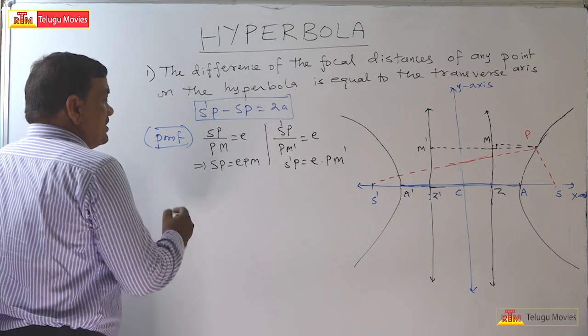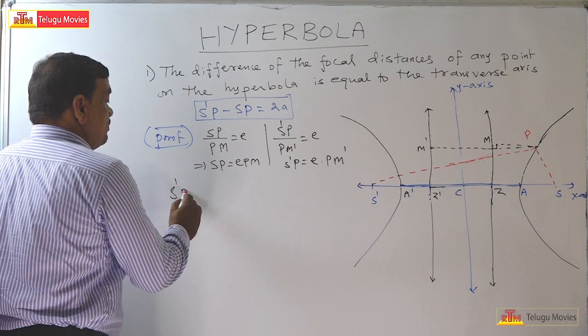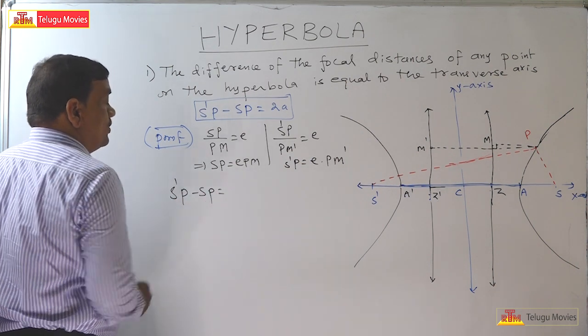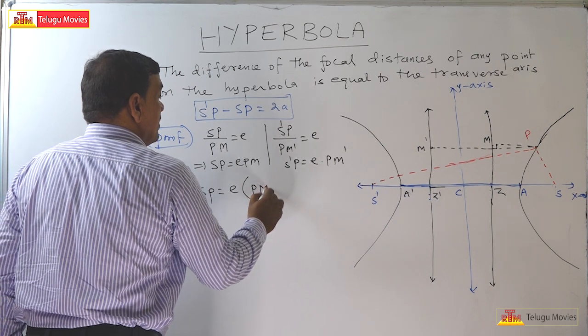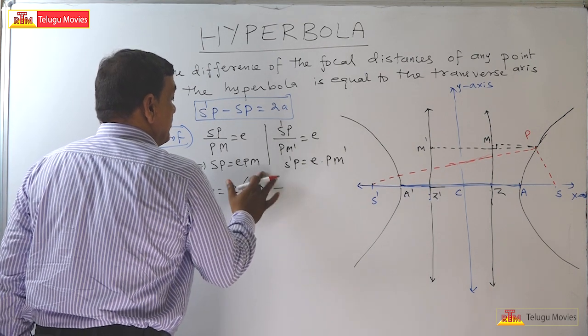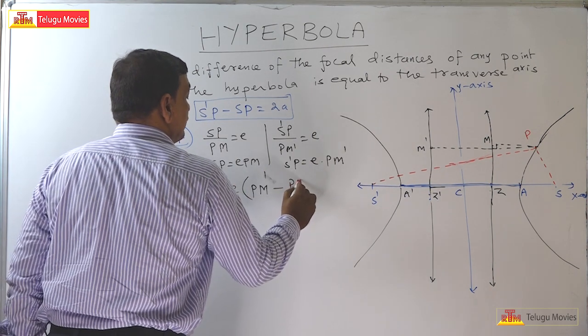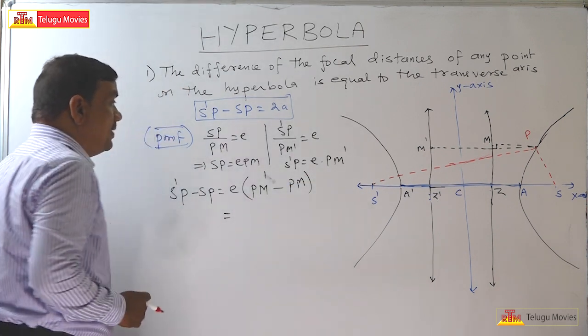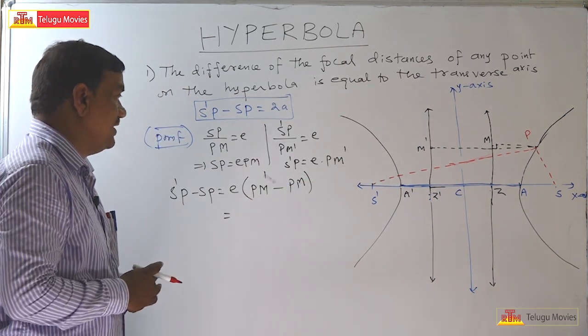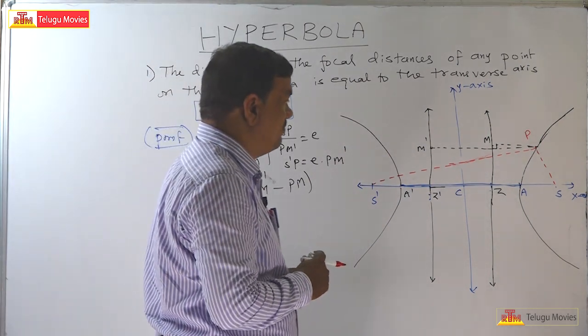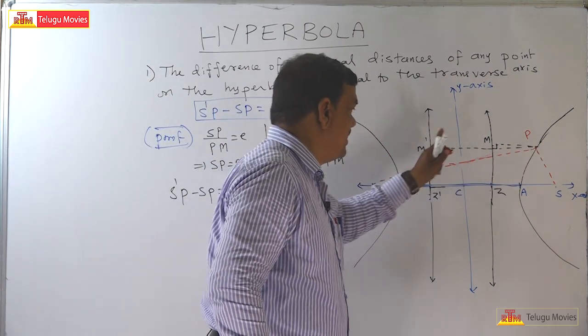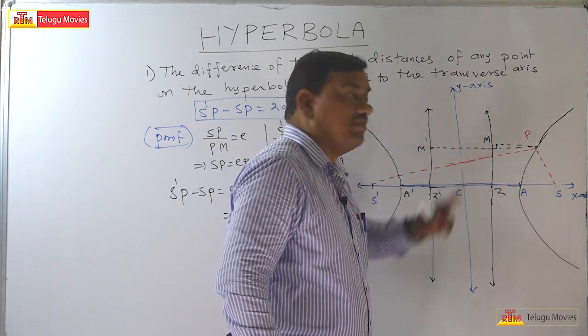From these two things I will subtract. S'P minus SP is equal to e times PM' minus PM. Let us see from the diagram what happens. PM' minus PM is equal to how much?